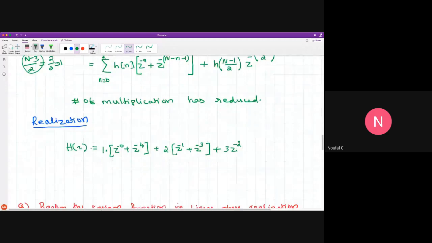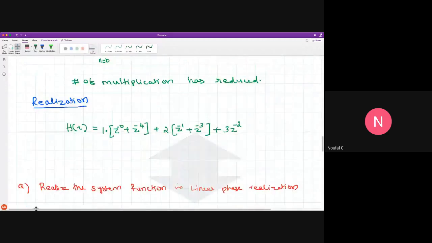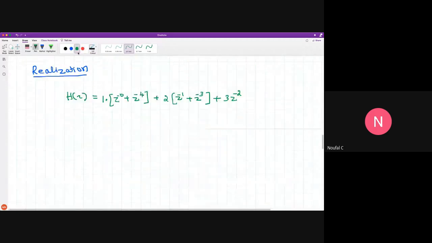Now how can this be realized? How many delay elements need to be drawn? Anyone? 4. How many delay elements? 4. We need to draw 4 delay elements. So you draw it symmetrically, and that is how we get the realization in a neat form. So we need 4 delay elements.